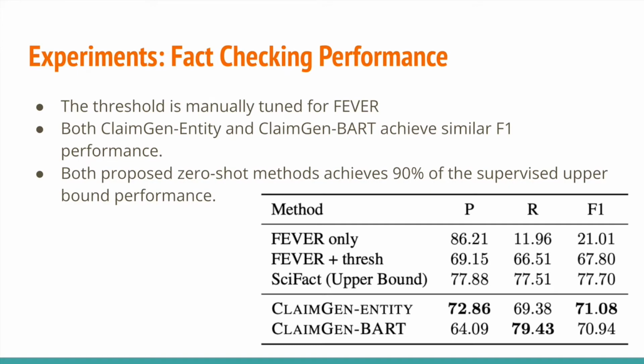Both proposed zero-shot methods achieve 90% of the supervised upper bound performance, which is pretty amazing by just doing a zero-shot prediction. Again, zero-shot means it does not use any of the training set provided by the evaluation task.